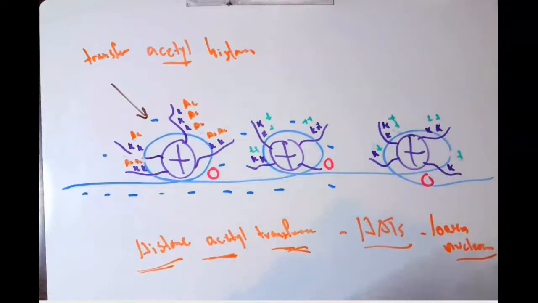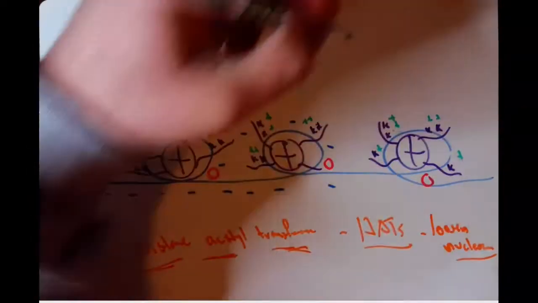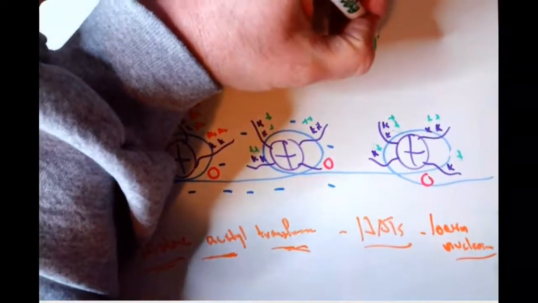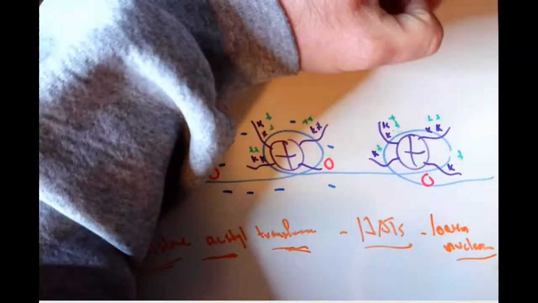We want those lysines to have that favorable interaction with DNA so that they're very, very difficult to move, because we want the DNA that's wrapped in that nucleosome to be locked. In other words, what we really want in this case is to deacetylate those histones.